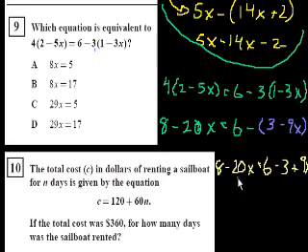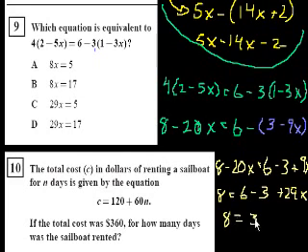What happens if we add 20x to both sides? Then on the left-hand side, it goes away, so we're just left with 8 is equal to 6 minus 3, I added 20x, so plus 29x. I really should have simplified this 6 minus 3, but I didn't want to do too much in one step. So 8 is equal to 3 plus 29x.